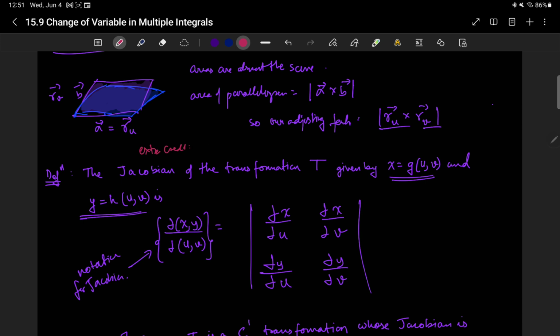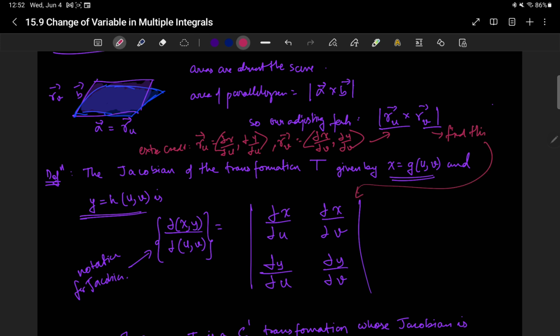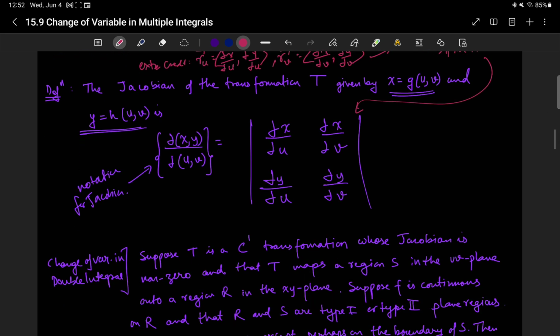Recall what each of these vectors are: r sub u is del x over del u, del y over del u, and r sub v is del x over del v and del y over del v. So if you actually find this, it should come out to give you this determinant. And that's what the Jacobian of the transformation is.